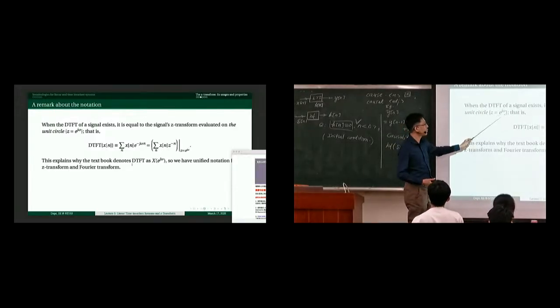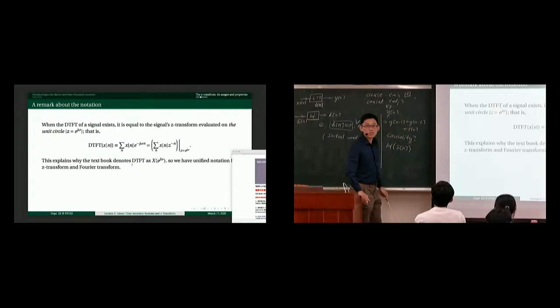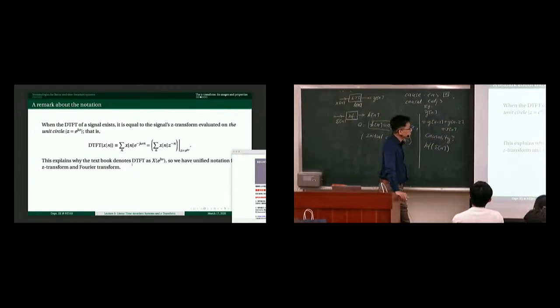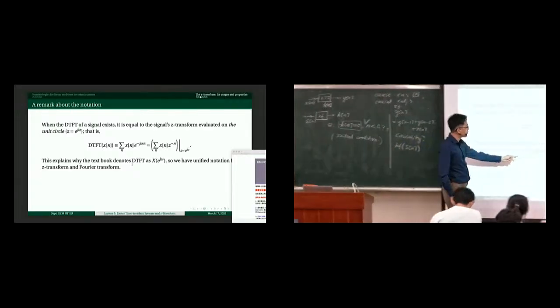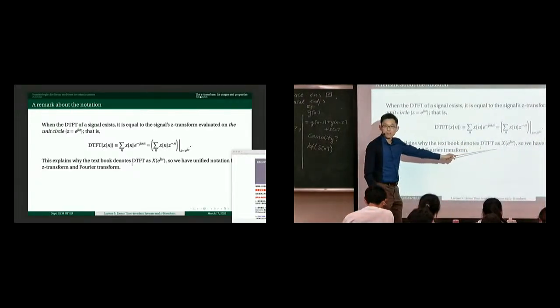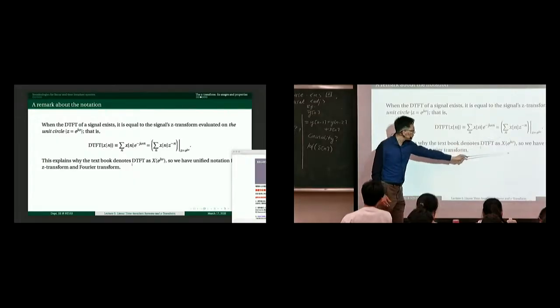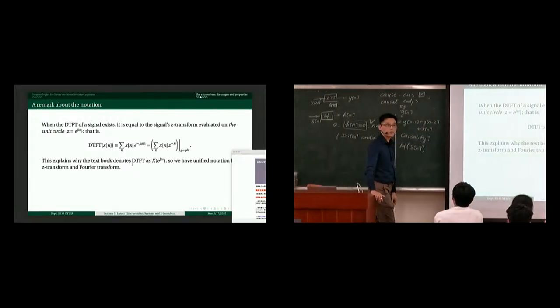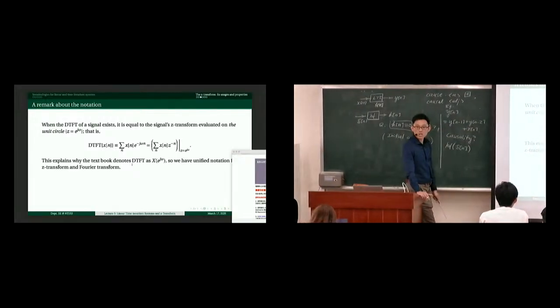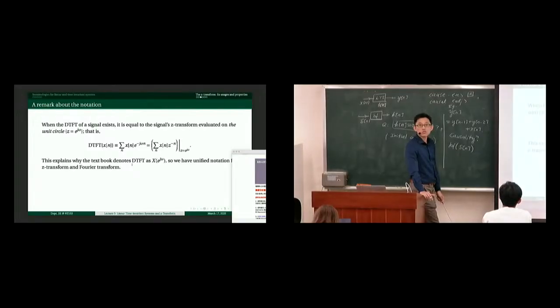Z equals e^{jω}. That defines a circle. Okay? That's the relation between Z transform and DTFT. And actually, that's also the reason why DTFT is denoted like that. DTFT is Z transform evaluated on the unit circle. So that's the meaning. Right? That's why the textbook adopts this notation. 为什么符号这样选? That's why the textbook adopts this notation.